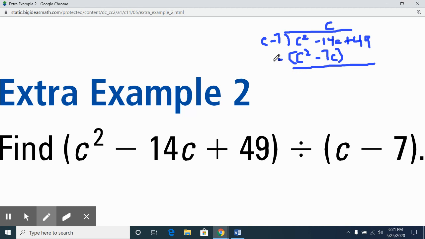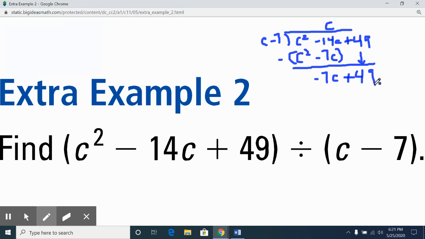All right, c squared minus c squared is 0, so I'm not going to put anything here. Now, really important, -14c minus -7c is really addition. So what's -14c plus 7c? There's -7c left. Okay, I bring down my plus 49.